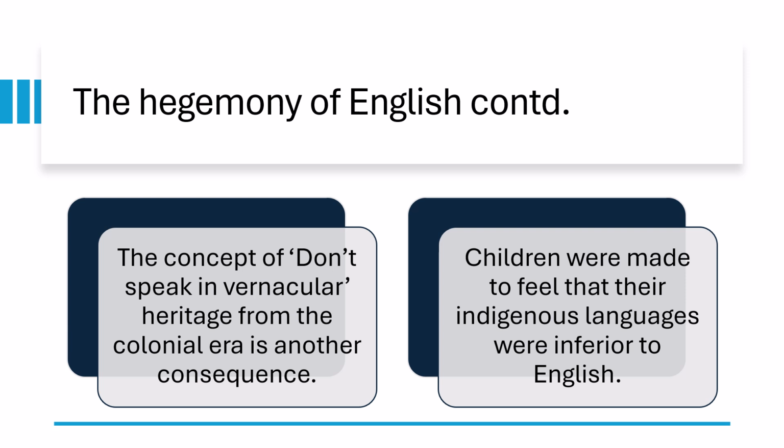Most languages that are developed and able to stick to their original form were able to resist that dominance of English, because they were not made to feel their language was poor. So this is another important thing we need to know. Children were made to feel that their indigenous languages were inferior to English. Because of this, you see many people now speaking English to their children within the country, and people are not proud to speak their own indigenous languages.